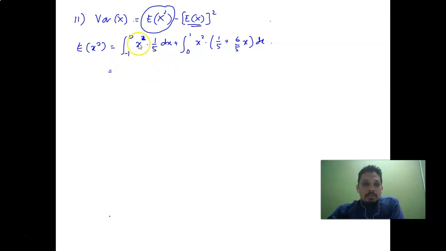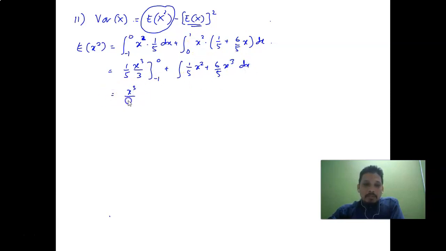Now integrate this one by one. So 1 over 5 integral of x squared gives you x cubed divided by 3 from -1 until 0, plus, okay, integral of this one here, 1 over 5 x squared plus 6 over 5 x squared multiplied by x equals x cubed dx.